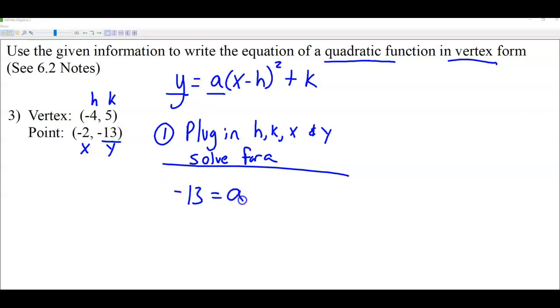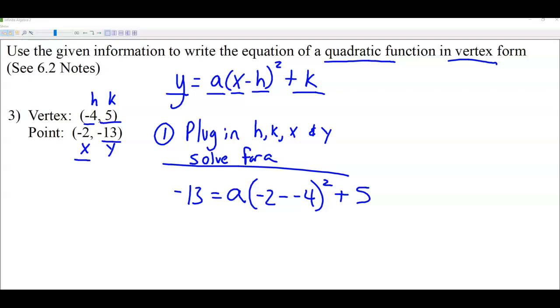A is going to stay there for now. My x value is negative 2. My h value is negative 4. My k value is 5. So we plugged in our h, k, x, and y. Now we're going to solve for a.